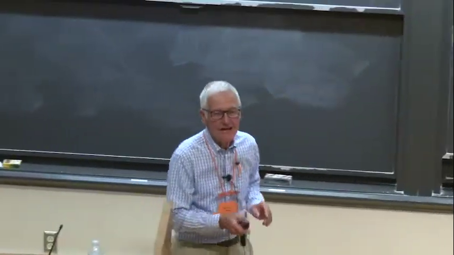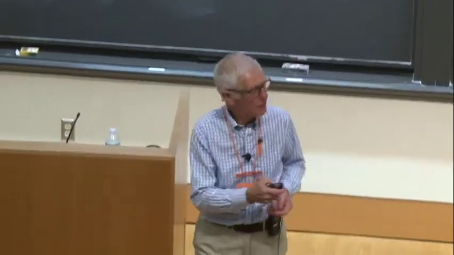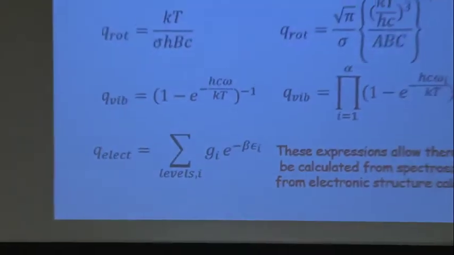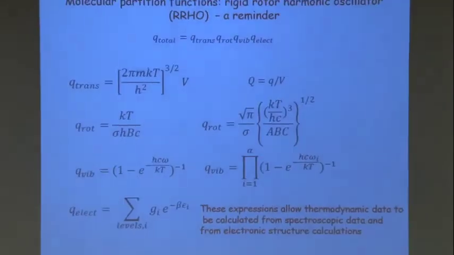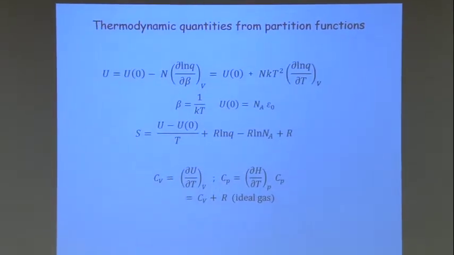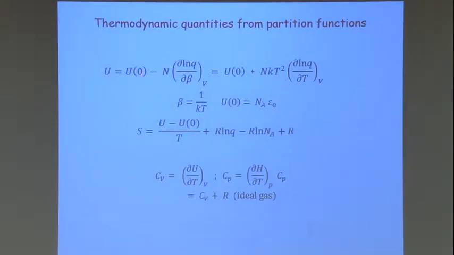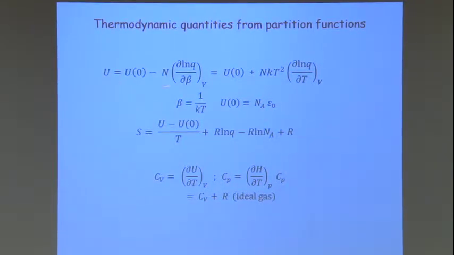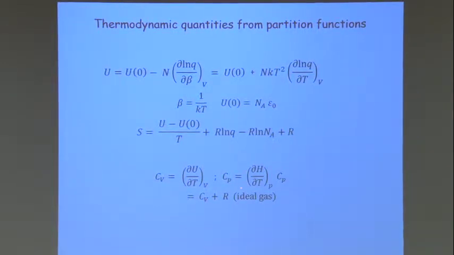OK, what I was saying at the end, just before we broke, was that we can use these partition function expressions here. And I finished one slide early because I should have gone on to this. These are the equations we've shown before, which give us the expressions for the internal energy, the entropy, and the heat capacity.